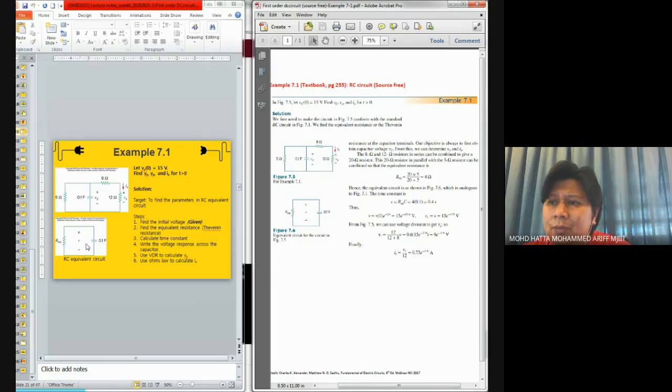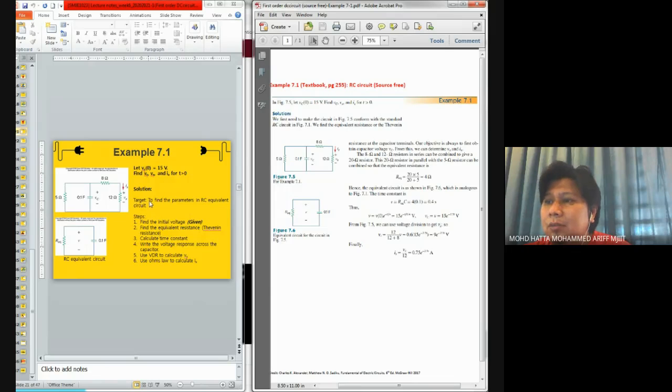From here, we can determine the value of tau, and using the equation we've seen earlier for the voltage response across the capacitor, we can easily get the voltage response for t greater than 0. And for t less than 0, it's given by the initial voltage given in the question.